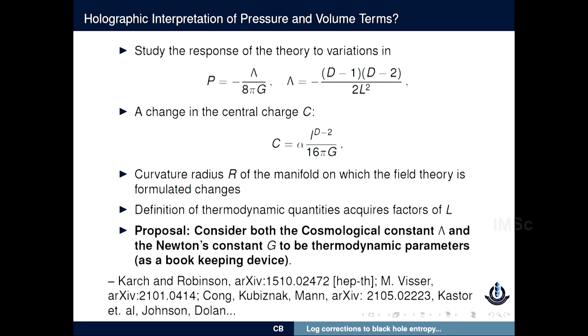There are of course other motivations as to why you would like to do that, because generally the cosmological constant comes from a higher dimensional theory, from the vacuum expectation value of certain scalar fields, moduli fields, and if the moduli fields change, then the cosmological constant can also change. Newton's constant can also be thought of as coming from the dilaton coupling constant in higher dimensions.